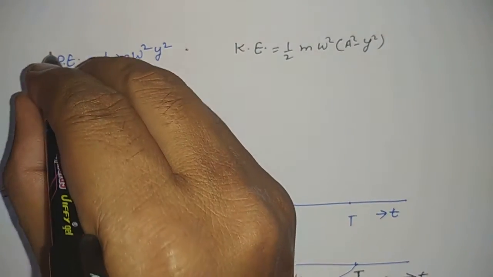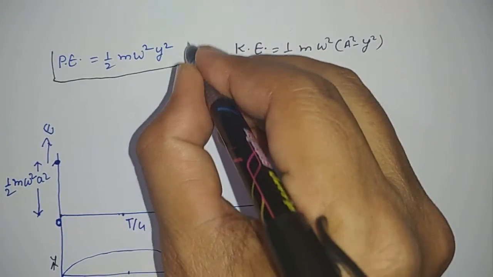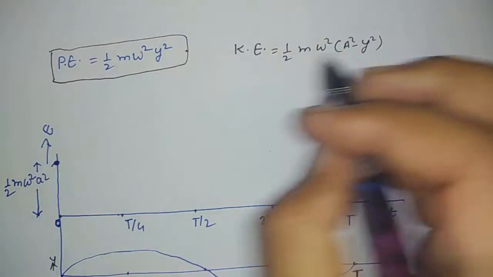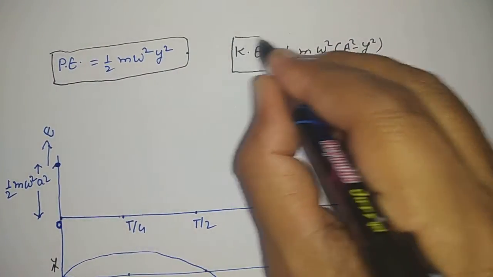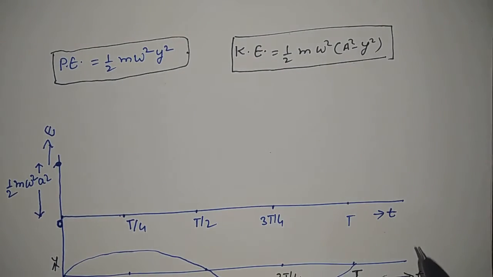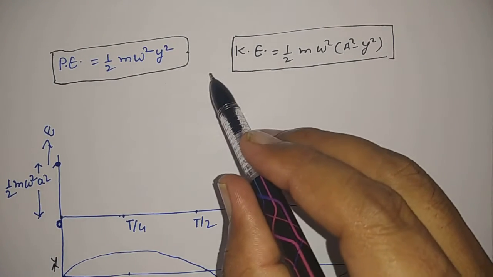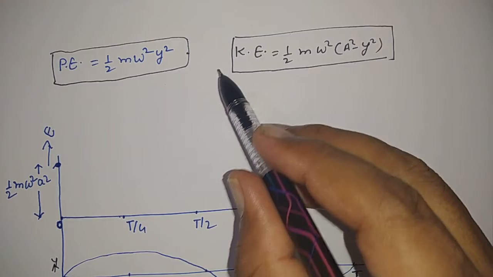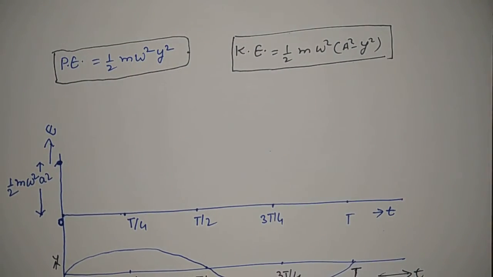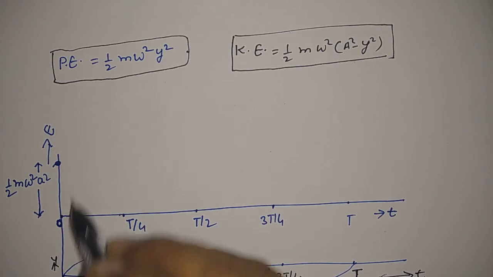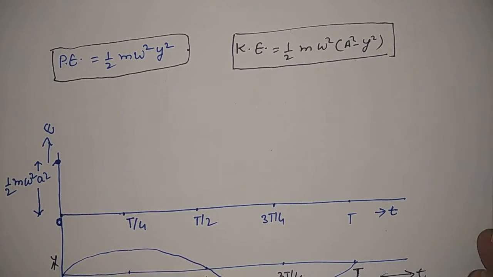Now see these two formulas for potential energy and kinetic energy during simple harmonic motion. Since a body is doing simple harmonic motion, it possesses both energies. Now see carefully the potential energy at different positions.